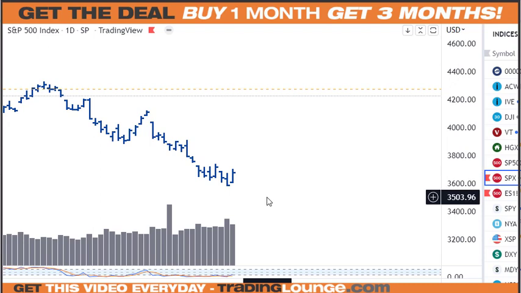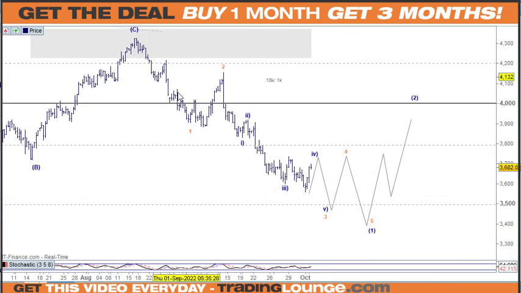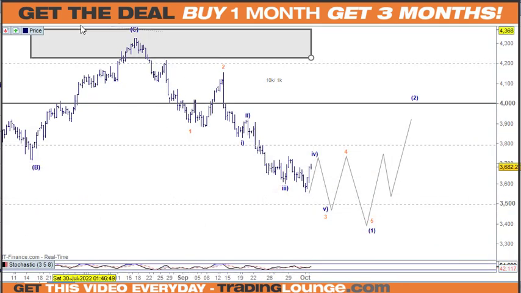We've still got another wave to come in here, the wave 4. So we're seeing increased volume in the right places. We're seeing this move up overnight, but on lower volume than the previous day. So that's corrective. Corrections are on lower volume.